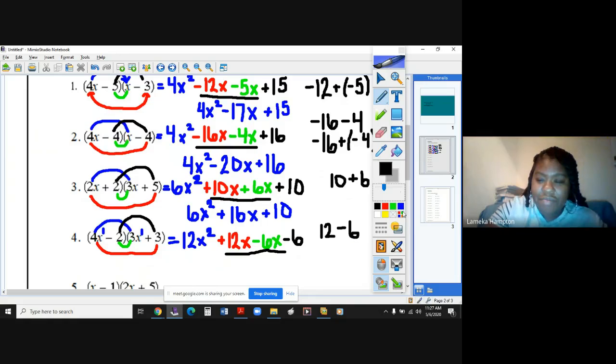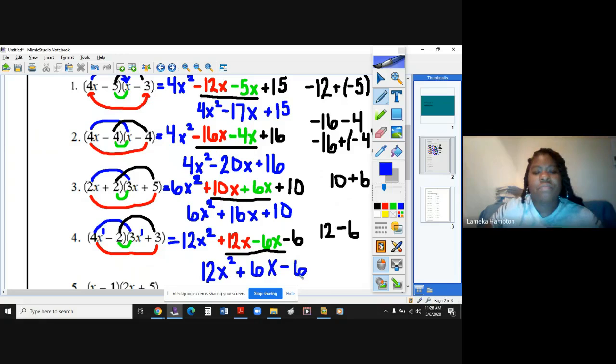Yes. Okay, so remember, we're going to do exactly what this operation tells us to do because we're combining our like terms. So my final answer for this whole thing is going to be 12x squared plus 6x, because remember, 12 minus 6 gives us 6x, and that's going to be minus 6. Okay.